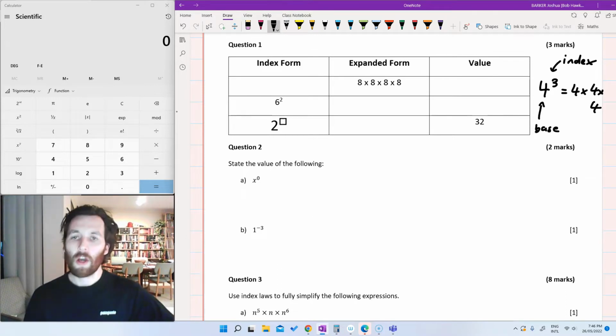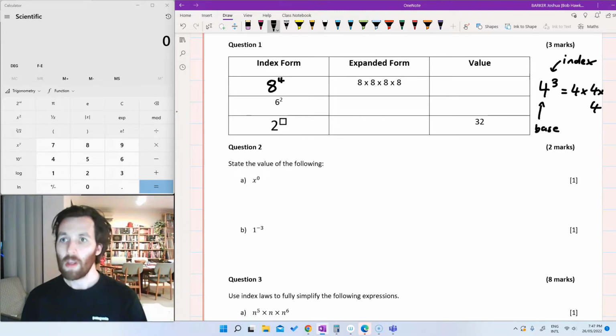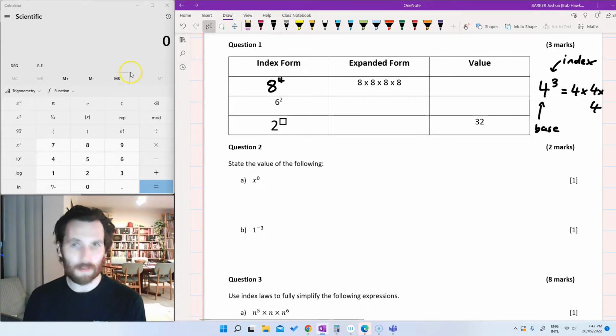For this one here, we've got 8, and we're using 8 four times in that multiplication. So in index form, I'm going to write that as 8 as the base, to the power of 4. So my index is 4. On the right-hand side, I need to find out what the actual value is, what it is as an actual number if we work it out.